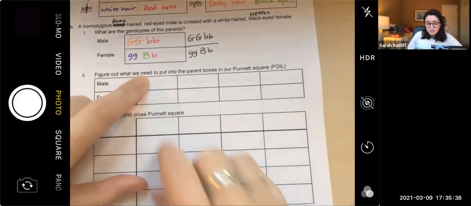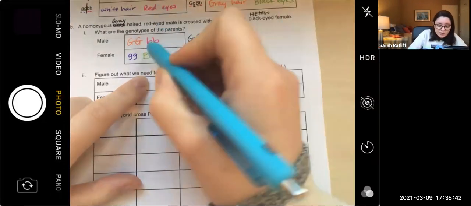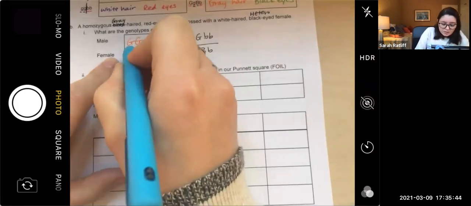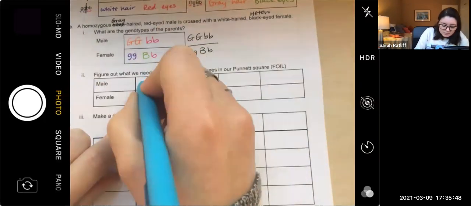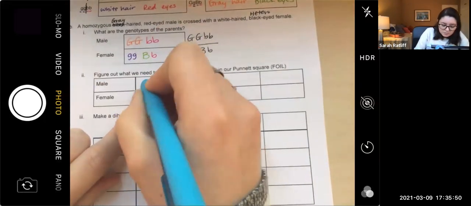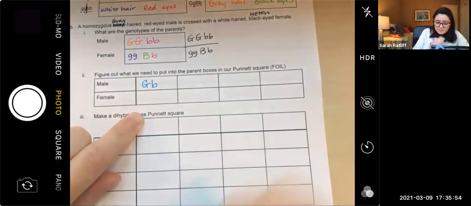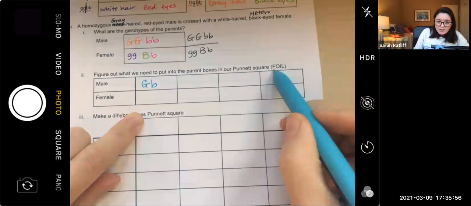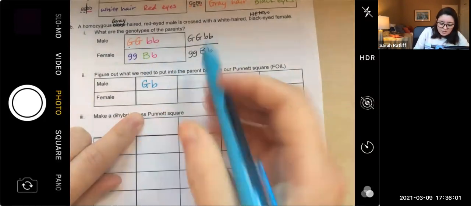Okay. So first, let's use the color I have been using. Awesome. So first, we got to use the first letter for each of these 2 genes. Big G, little b. Great. Now we did the first, now we need to do outside. So what are the 2 outside letters? Big G, little b.